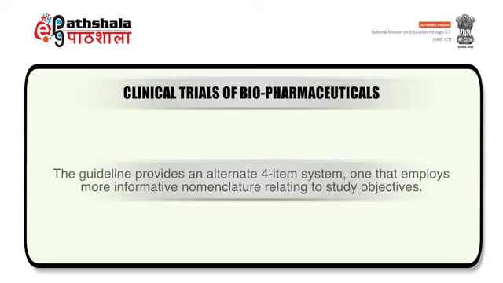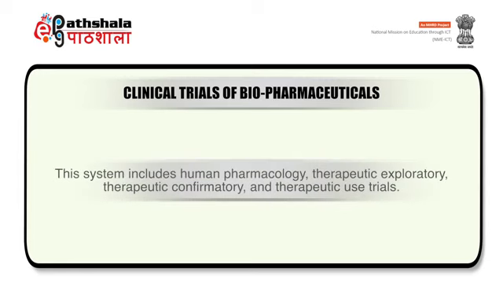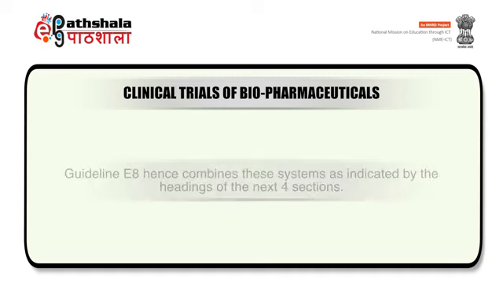The guidelines provide an alternate 4-item system, one that employs more informative nomenclature related to study objectives. This system includes human pharmacology, therapeutic exploratory, therapeutic confirmatory and therapeutic use trials. Guideline E8 hence combines these systems as indicated by the headings of the next 4 sections.